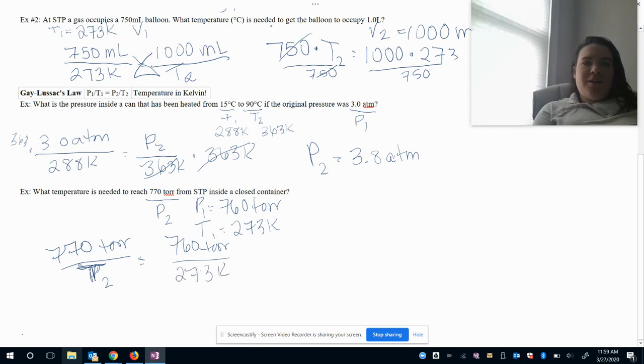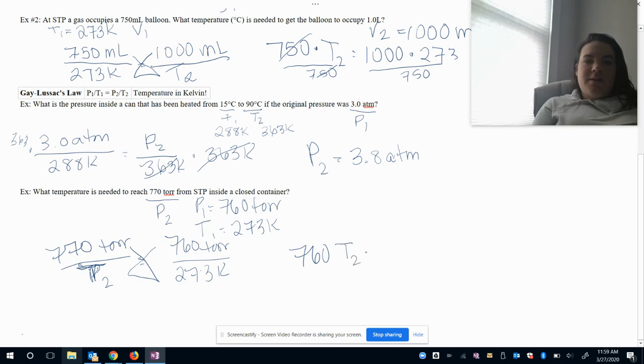And just like our second Charles' law example up here, we've got temperature in the denominator, so we want to make sure we're not just dividing by 770, that we do cross multiplication or rearrange it so that you get T2 on top. So when we do that, we've got 760 T2 equals 770 times 273 divided by 760.